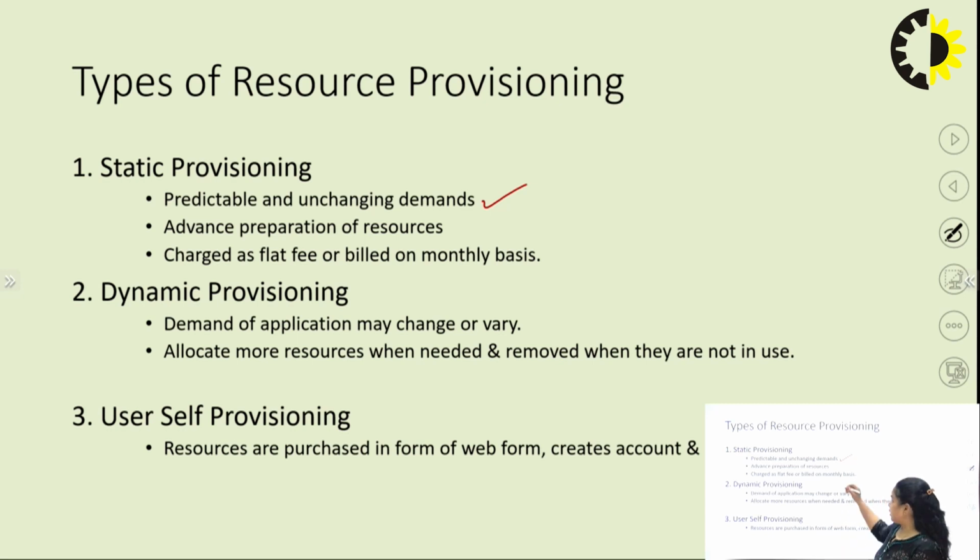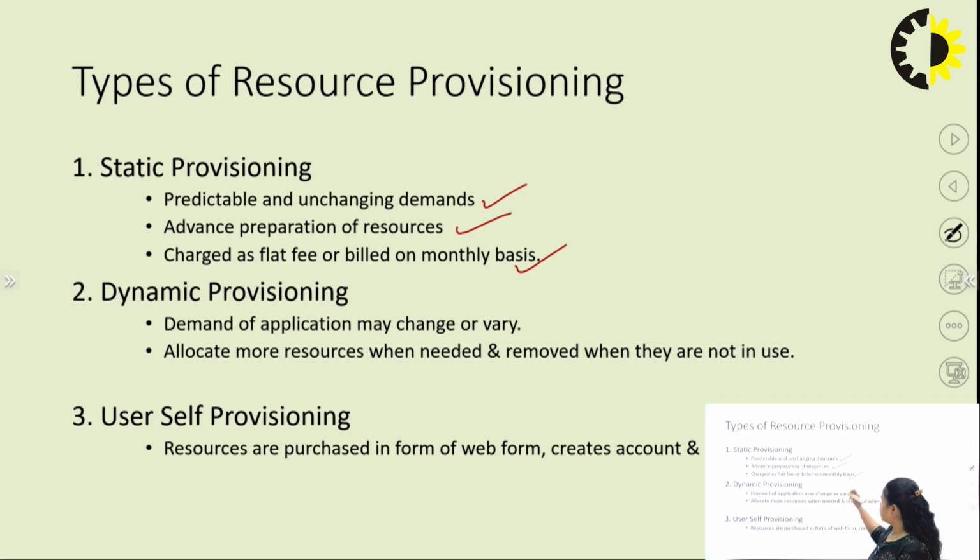Second, whatever resources they require, they have to prepare a report, or prepare in advance a list. Simultaneously, they are charged on a monthly basis or a flat fee. Why?